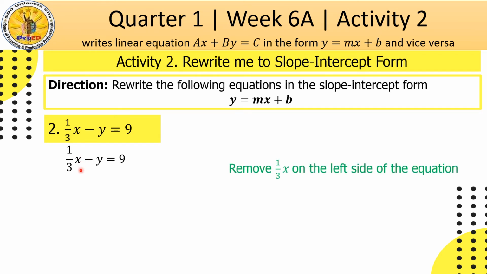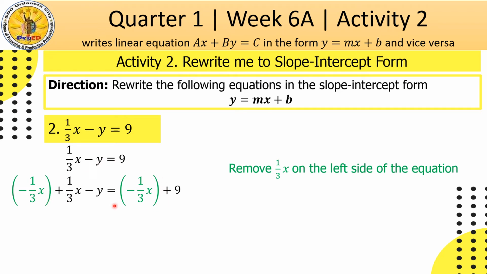Okay, so to remove it, we need to add the additive inverse of the 1/3 x, and that is negative 1/3 x. So, as simple as gawin mo lang negative po ito. So, ginawa lang po natin siyang negative and negative. Okay, so we added on the left side and we added also on the right side.